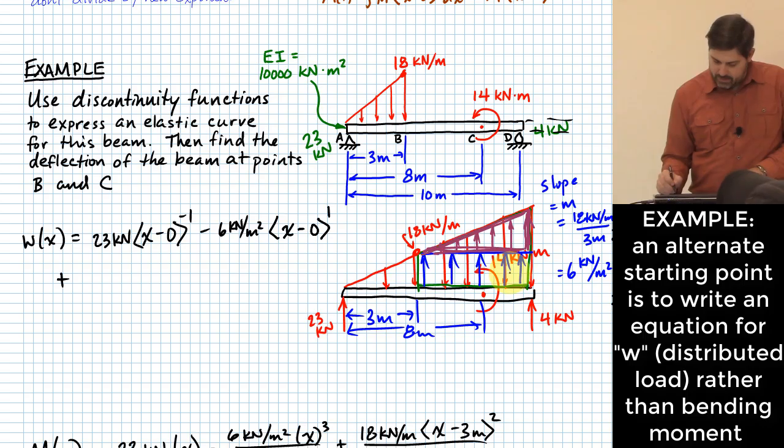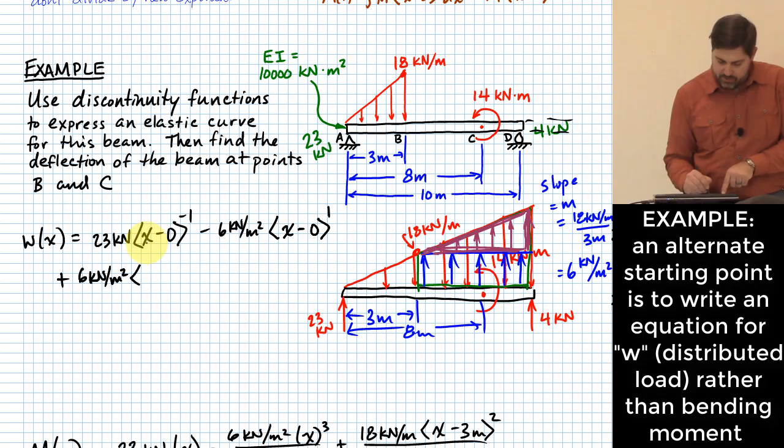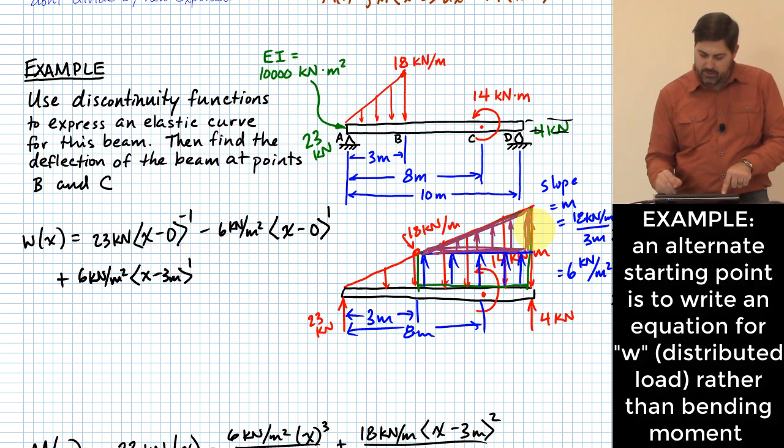Then we have another triangular piece, 6 kilonewtons per meter squared. This one starts at a value, the a value where that one starts is 3 meters. So I'm going to do x minus 3 meters, to the first power. So I took care of that little triangular piece.